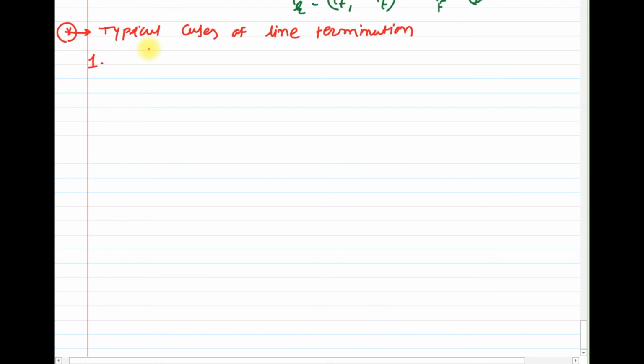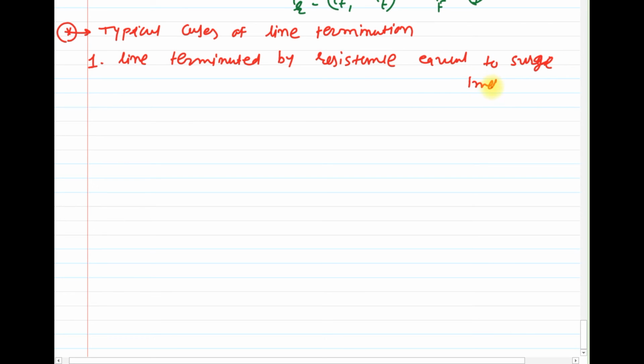The first one is line terminated by resistance equal to surge impedance.